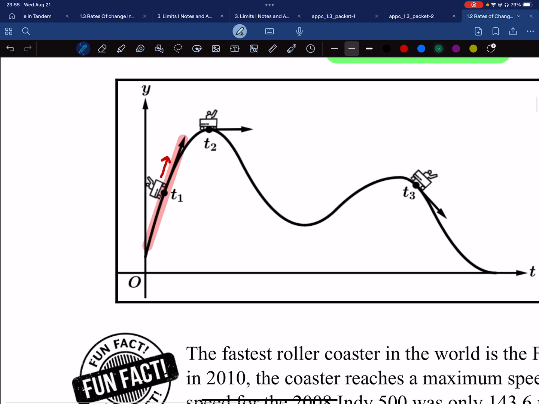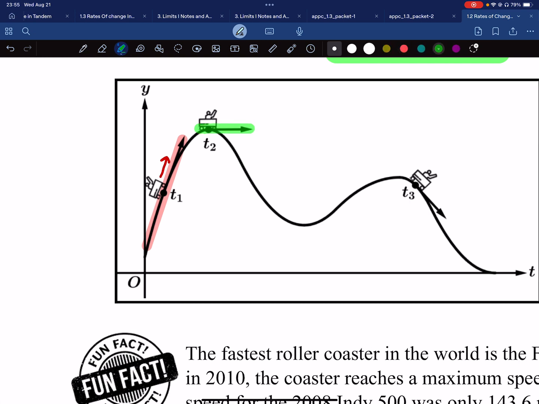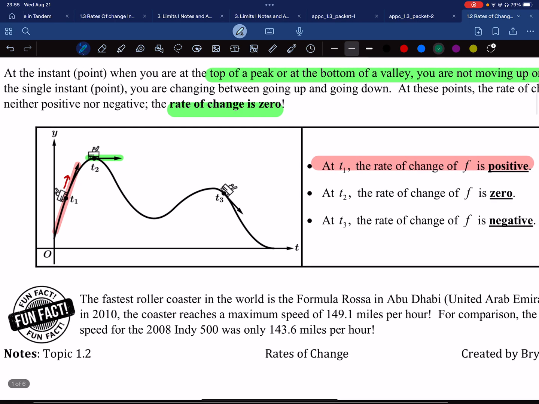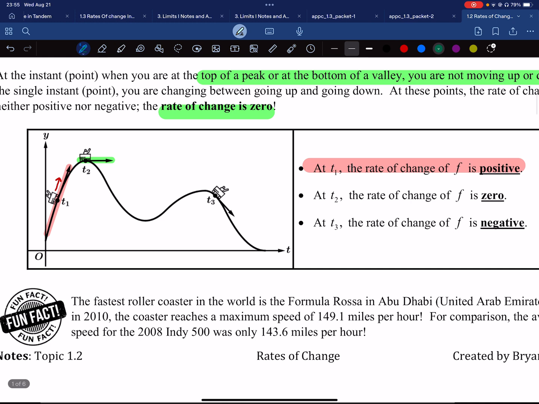Then when we get to T2, notice it's at the top of the peak. That right there represents a zero because it's constant, it's not going up, it's not going down. And so that would be our zero rate of change.